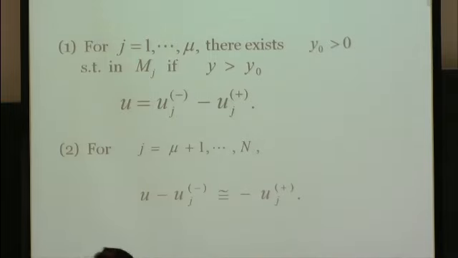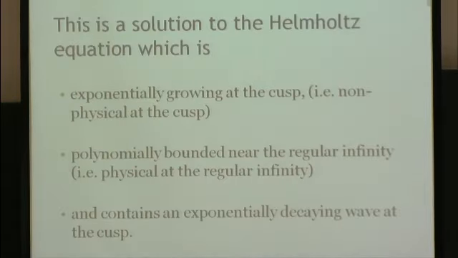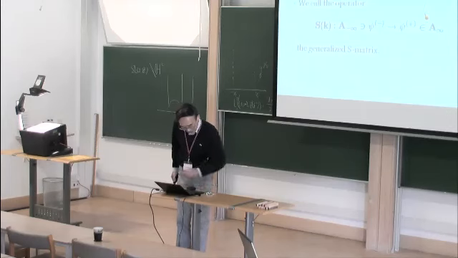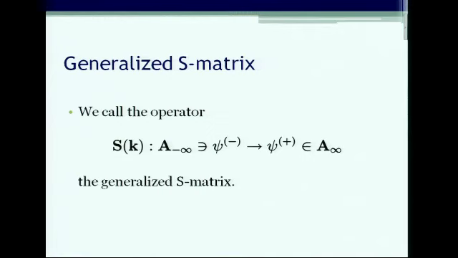And by looking at the behavior of the solution at this cusp, you can consider the exponentially decaying part. So this is a solution to the Helmholtz equation, which is exponentially growing at the cusp and polynomially bounded at the regular infinity, and contains an exponentially decaying wave at the cusp. And the general S matrix is the mapping which assigns the exponentially growing wave to the exponentially decaying wave.